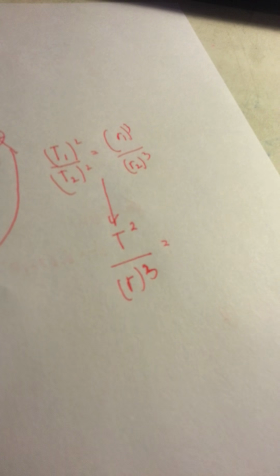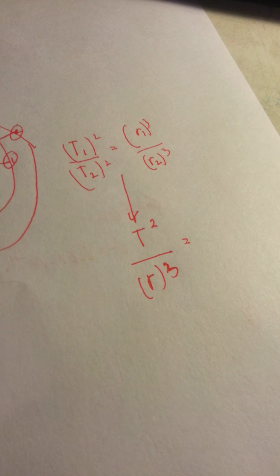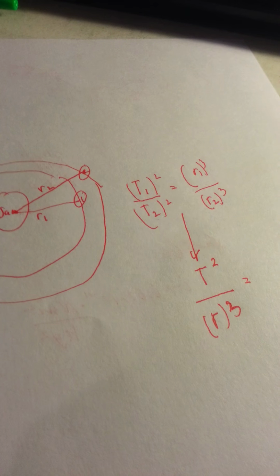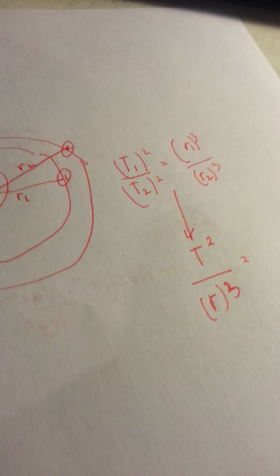Now you see, it won't always be exactly the same for every planet, but it'd be very, very close, because every planet, when it rotates around the sun, has a different eccentricity, which does cause deviation to this value.